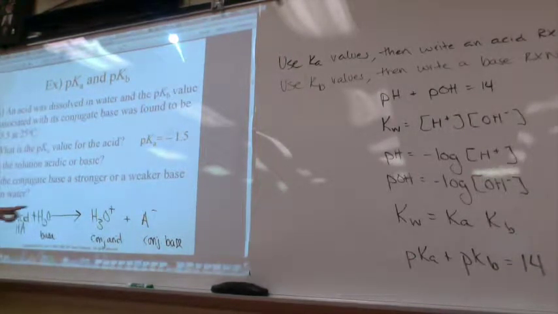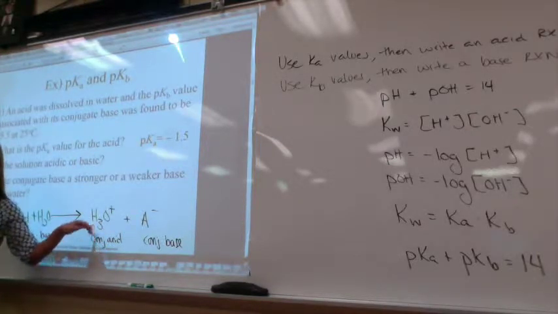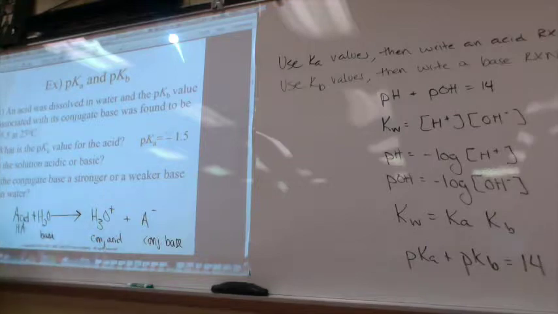So is the conjugate base a stronger or weaker base than water? Conjugate base has to be weaker, right? If it were strong, then it would be competing for the H+, and it would rip it off and drive it back to the left to recreate that acid, wouldn't it? And then if that's true, that would be a double-way arrow, and we would have a weak acid.